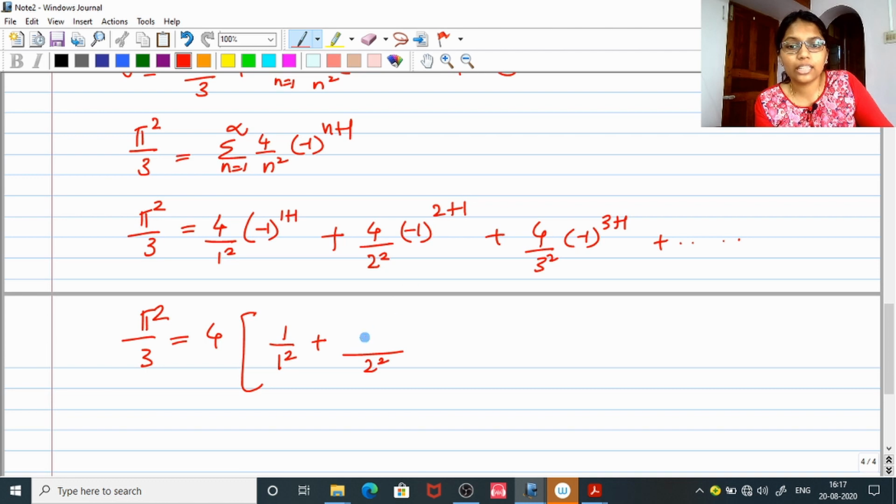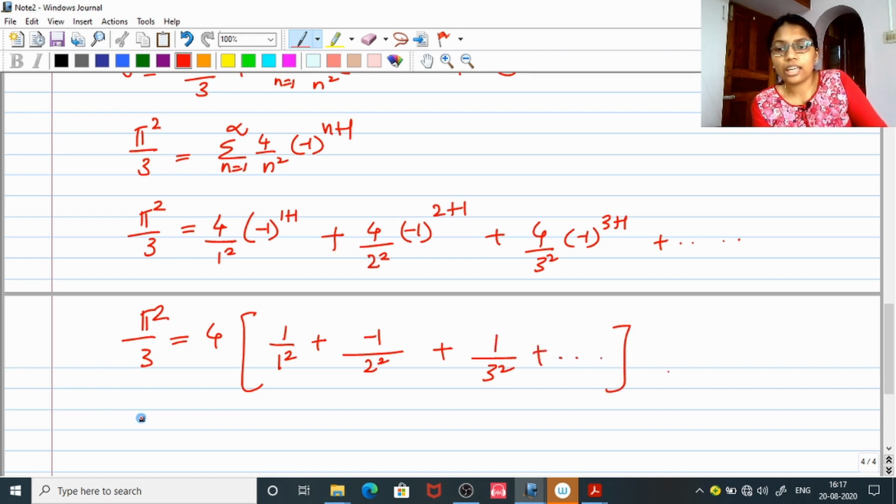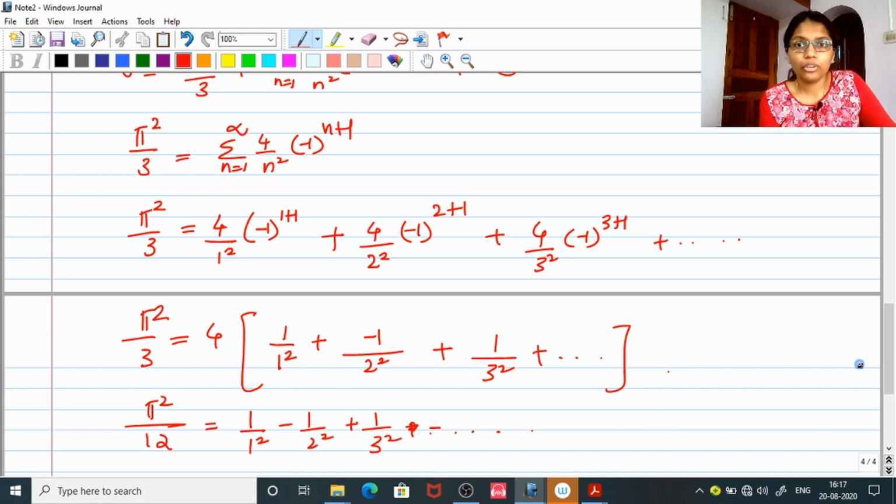Minus 1 raised to 3 is negative 1, so minus 1 by 2 square, plus 1 by 3 square. Negative 1 raised to 4, 3 plus 1 is 4, so it is 1, and it goes on. So pi square by 4 is taken to the denominator in the LHS. It is pi square by 12 is equal to 1 by 1 square minus 1 by 2 square plus 1 by 3 square, etc. Okay. So this is how you derive it.